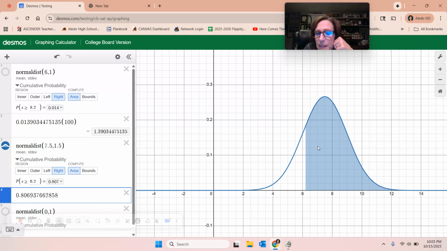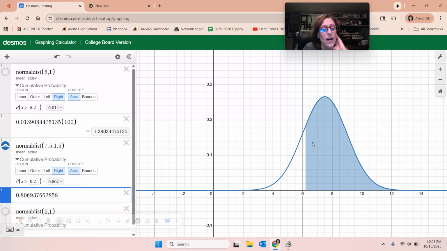But see, here is the 6.2 ounce orange, and there is 80.69% of oranges that weigh more than a 6.2 ounce orange. So it's down there in the lower 20th percentile. Okay, so it's underweight. See, it's below the mean.